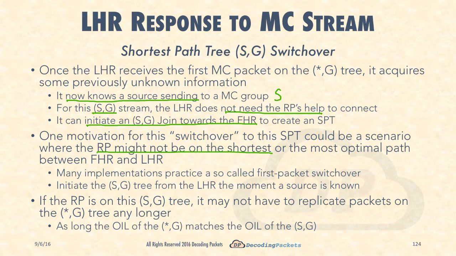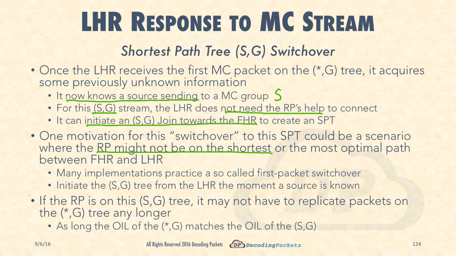So sending all of the multicast packets first to the RP only for the RP to relay them onto the star comma G tree may not be the most optimal path between the FHR and the LHR. So really the main motivation for the S comma G or the SPT switchover is to create the most optimal multicast path between the first hop router and the last hop router.